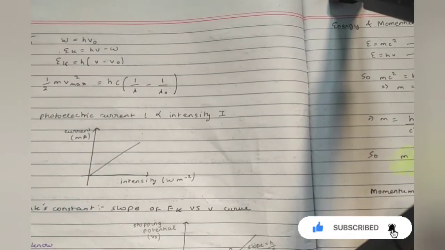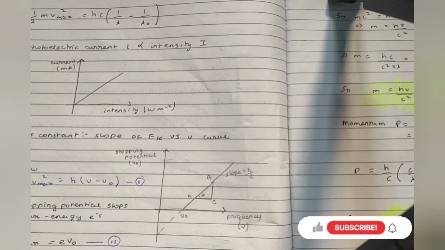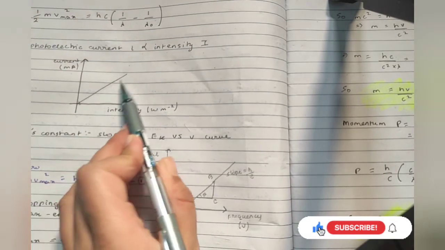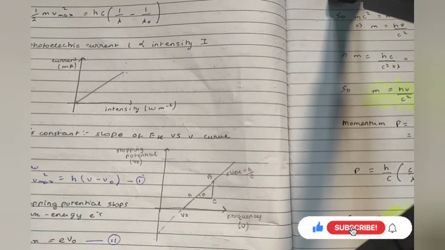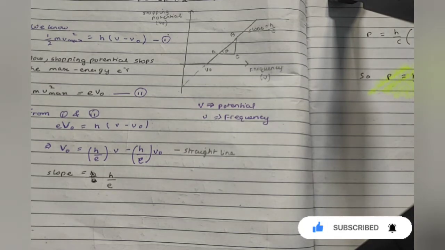Now we also know that photoelectric current small i is directly proportional to the intensity of light I, so we get a linear graph here. We know half m v max whole square is equal to h into v minus v naught. At stopping potential, the maximum energy electrons are stopped.